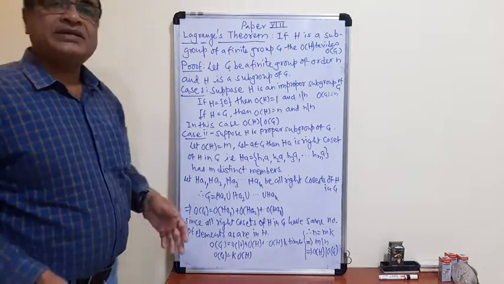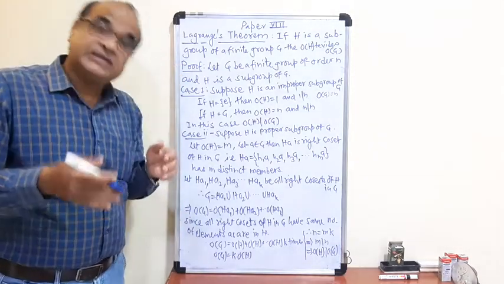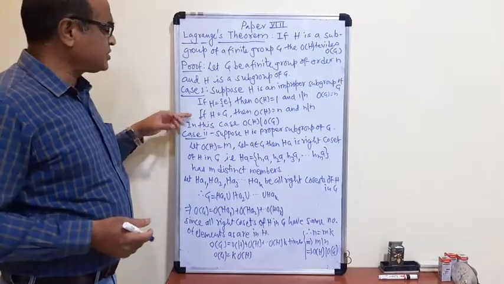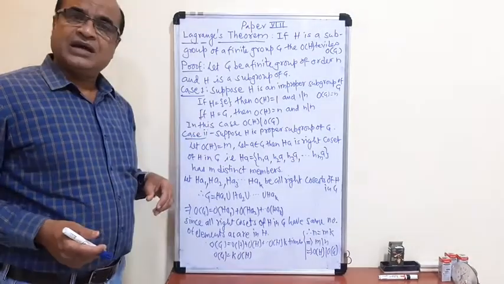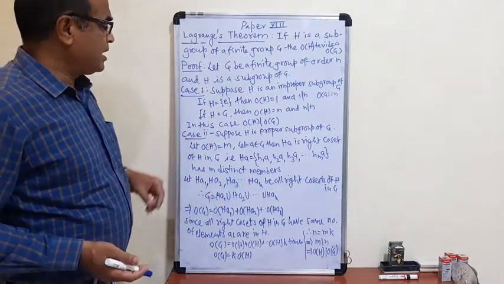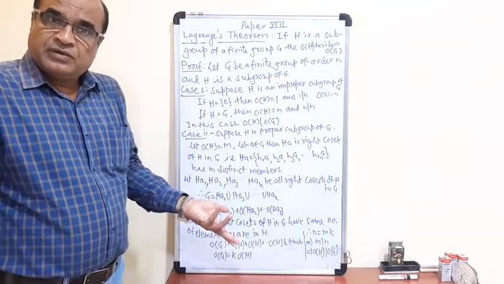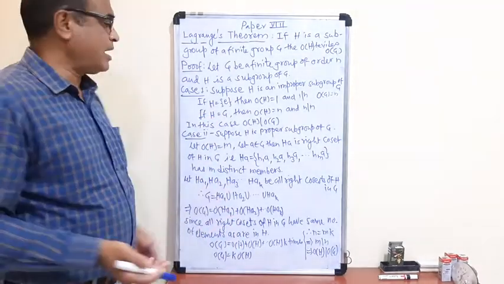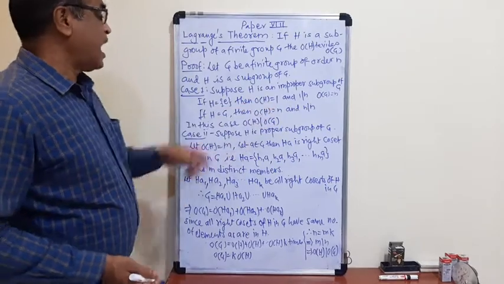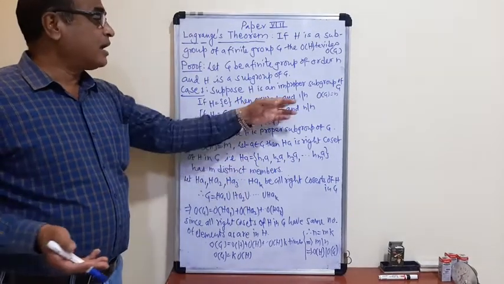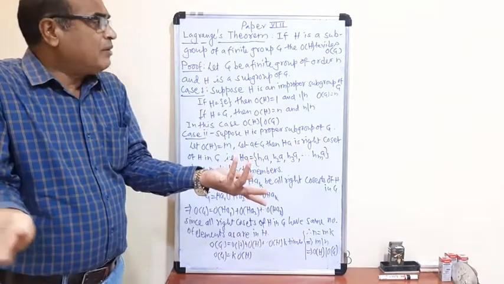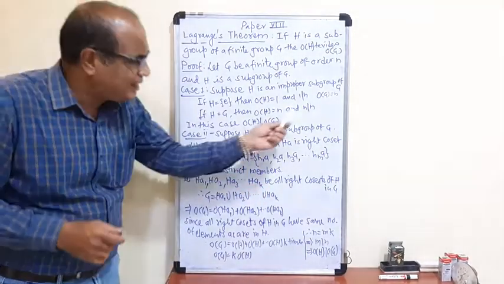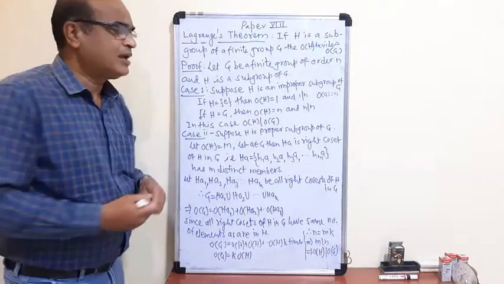In this case, the order of H divides the order of G. What is the next case? If H is equal to G, meaning the subgroup H is equal to the group G, both sets are the same. Then the order of H is n, and the order of G is also n. Therefore n divides n. In this case, the order of H, certainly n divides n, implies what?